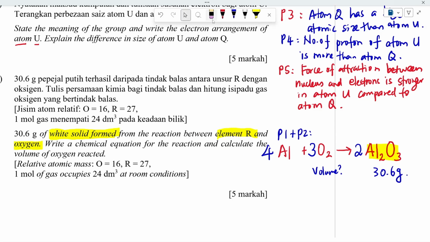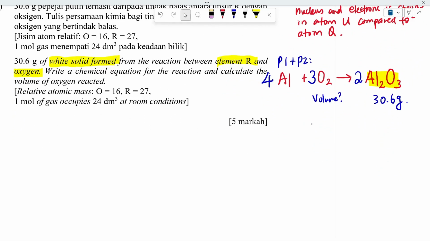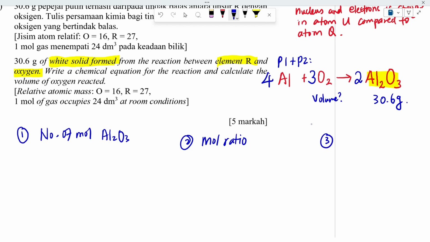Okay, class, I'd like you to try. First, you find the number of mole for aluminium oxide. Number 2, mole ratio. Then step number 3, you need to find the volume of oxygen. Everybody, you try.